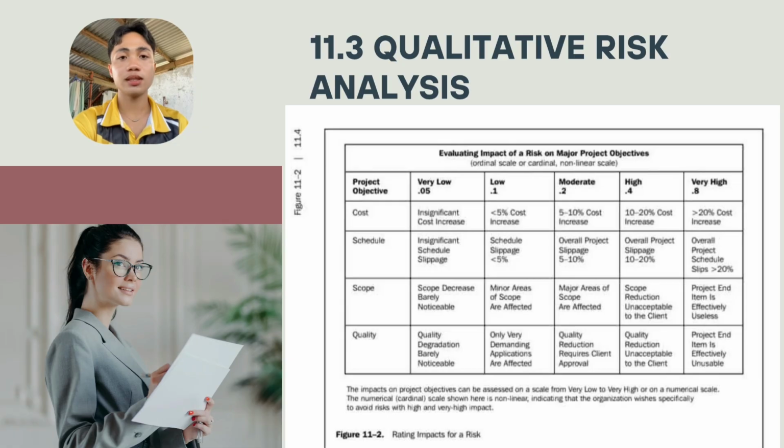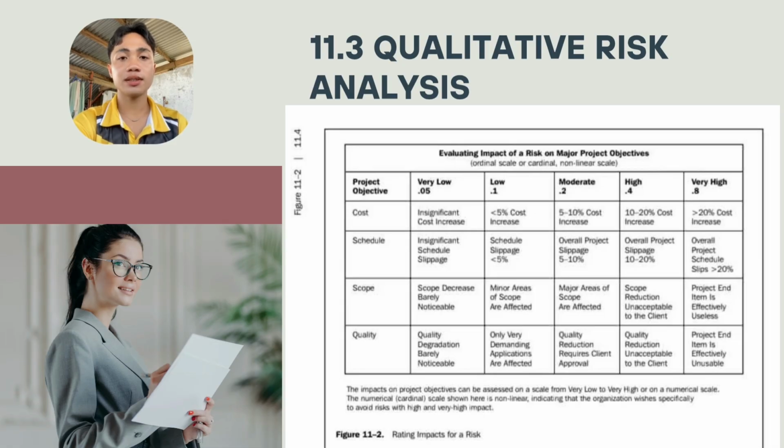So next is ordinal versus cardinal scales. Notice that in the top row we can use descriptive words like very low or very high. That's ordinal. Or we can use numbers like 0.05 to 0.8 and that's cardinal.